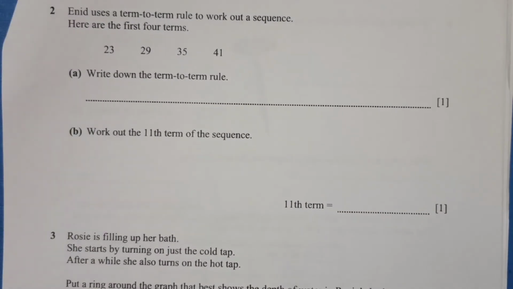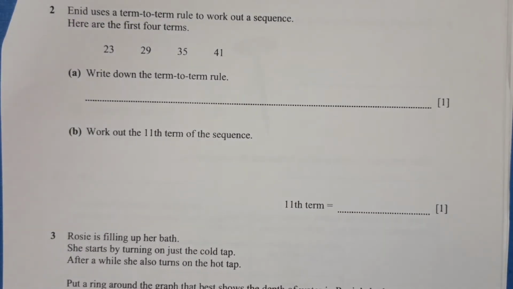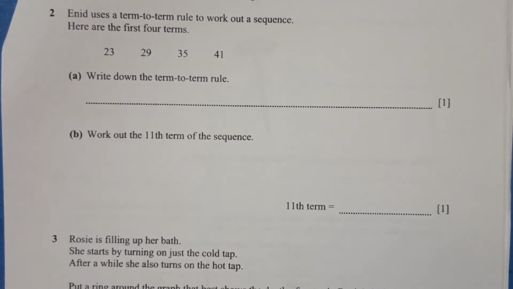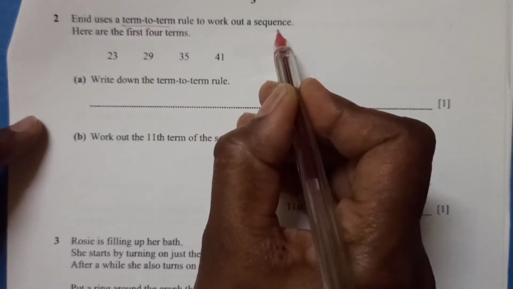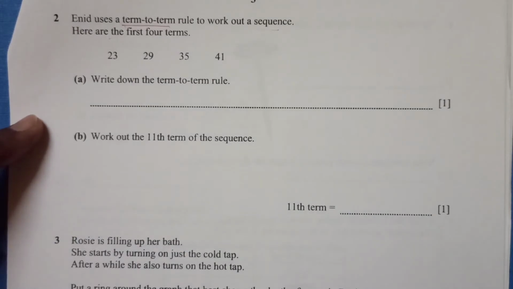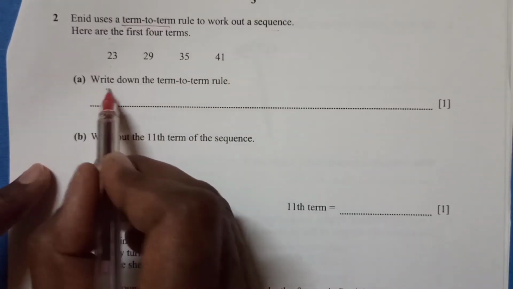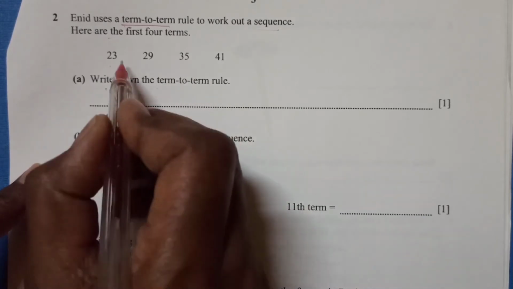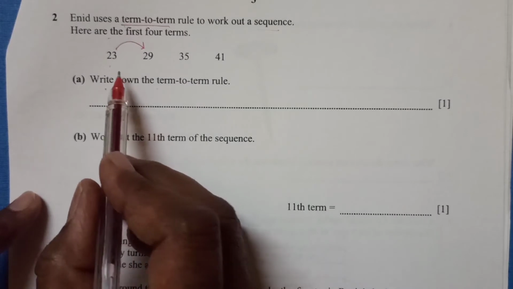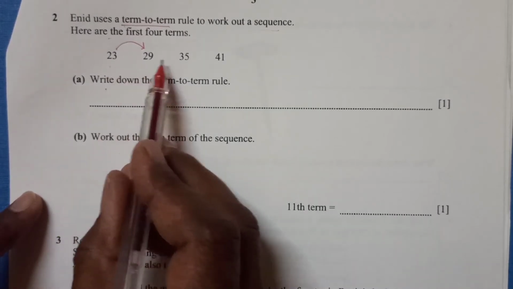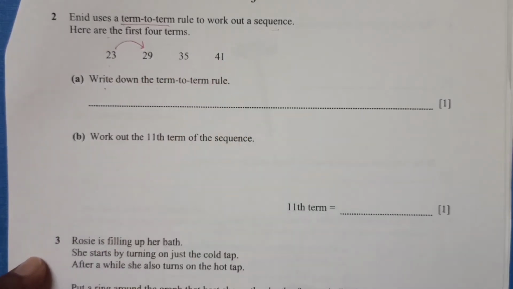Number 2. Enid uses a term to term rule to work out a sequence. Here are the first 4 terms. So write down the term to term rule. Now see, if you go from here to the next term, how are you getting this? 23, 29, they are all increasing.